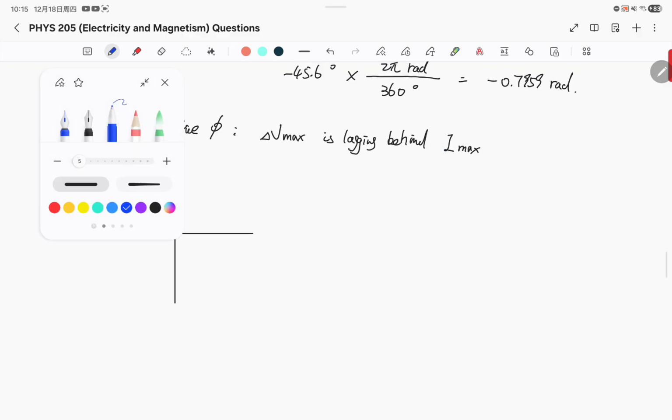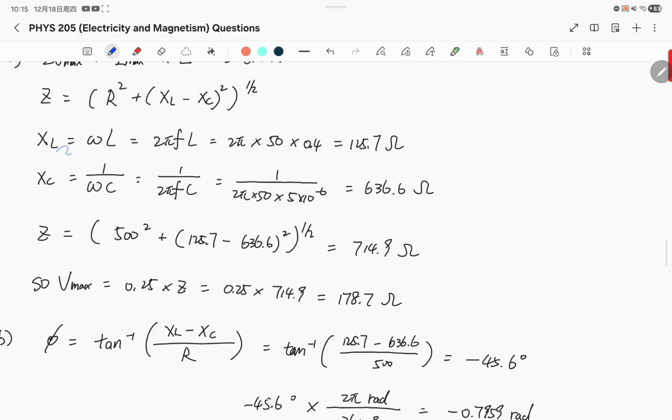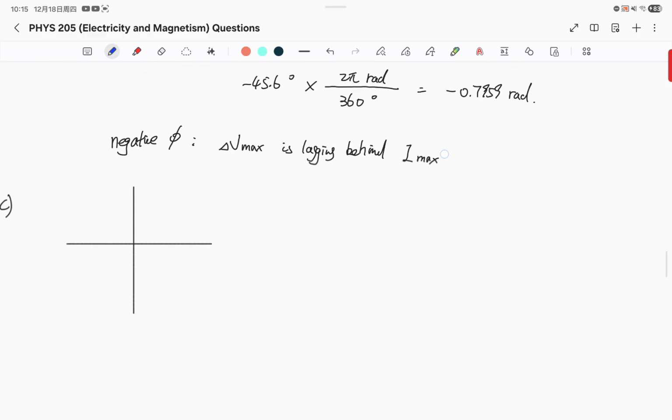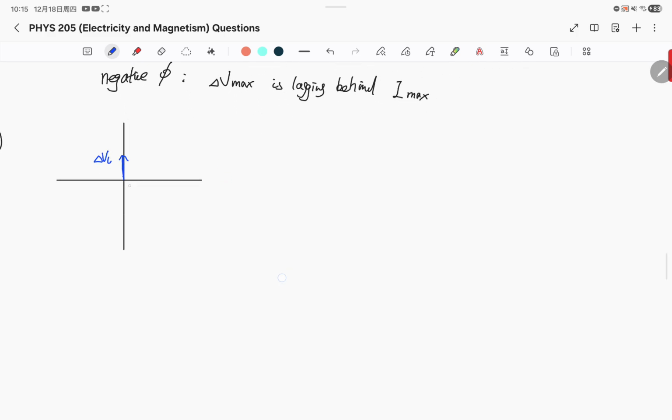Let me change color. Here you see that our XL is smaller than XC. So that means our delta VL is actually shorter than delta VC. Let's say this is delta VL and delta VC is longer.